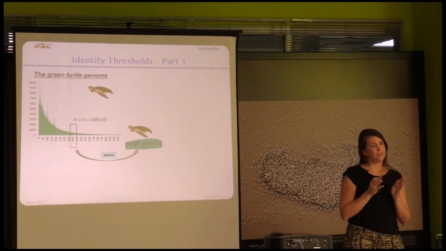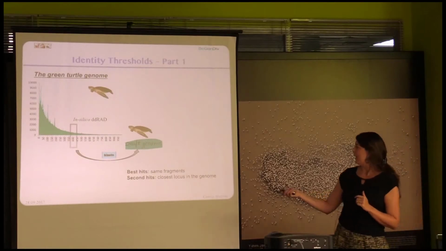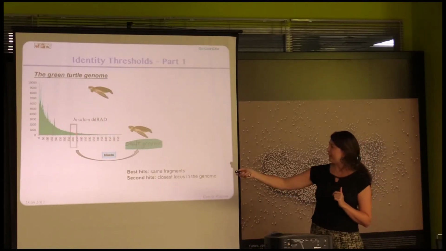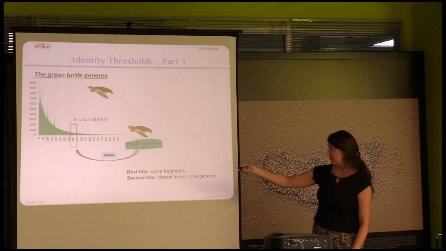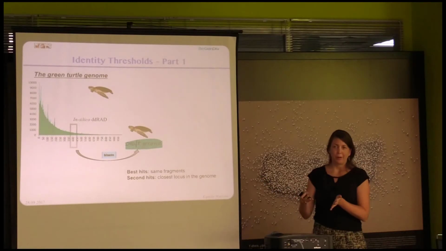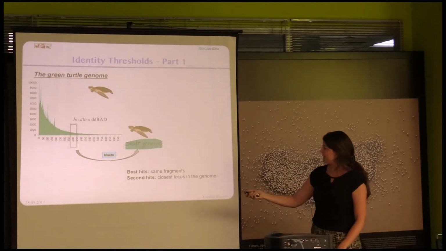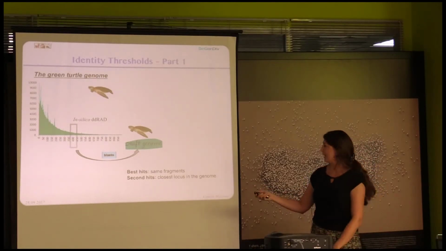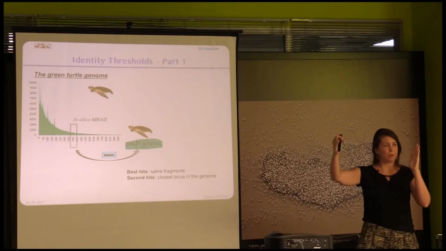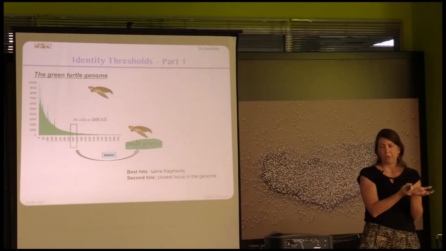If you compare the sequences that you got from your own genome back to the genome, the best hits that you get are the same fragments, because you digested the genome and you are using it again. But the second hits that you get, the second most similar hits, are going to be the second locus in your genome, or the second position in the genome that's the closest to yours.